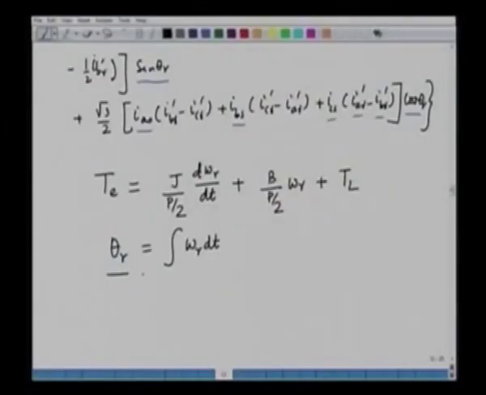After the first iteration we can evaluate the torque, the speed and the rotor angle, that is theta r, and theta r can be substituted back to recalculate the inductance matrix and the expression for the torque. So, this goes in an iterative process till we reach the final time, the time to stop the simulation.